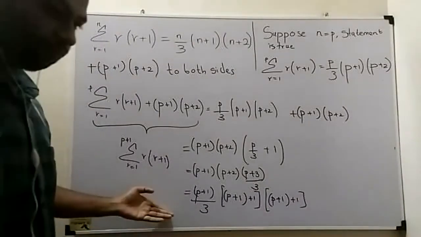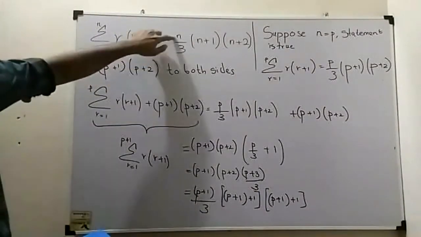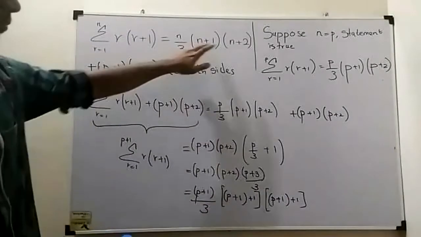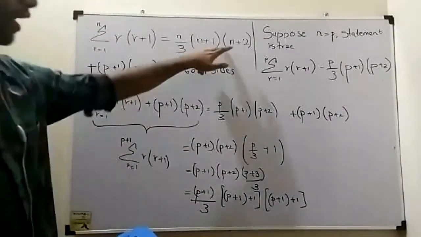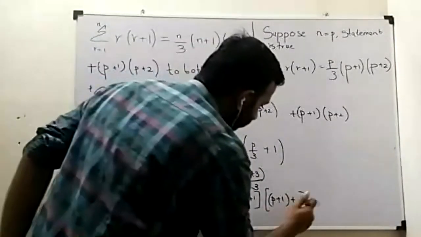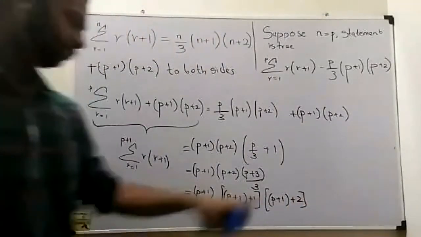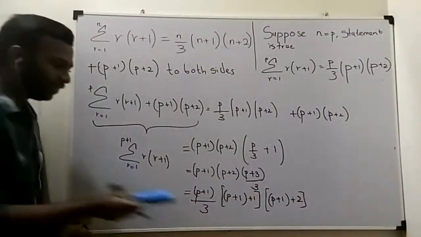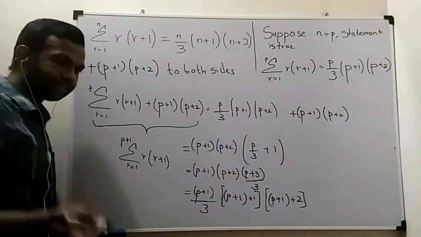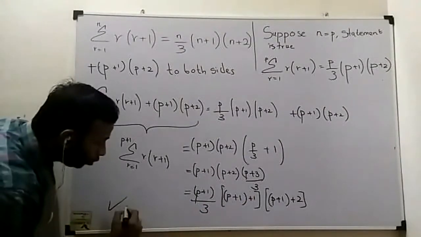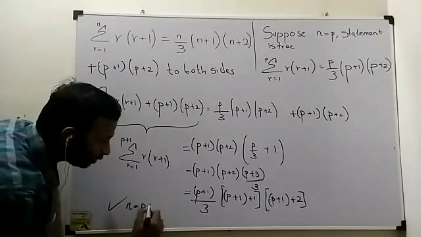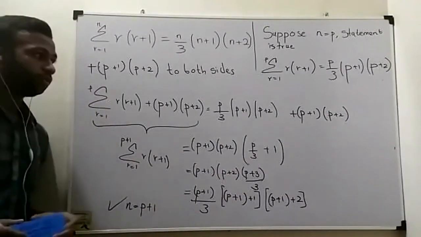Is this in the same form as this? n over 3, n plus 1, n plus 2, which is P plus 1 over 3, P plus 1 plus 1, P plus 1 plus 2, right? So now we can see that the statement is true when n is equal to P plus 1. The statement is true. So did you understand that part?